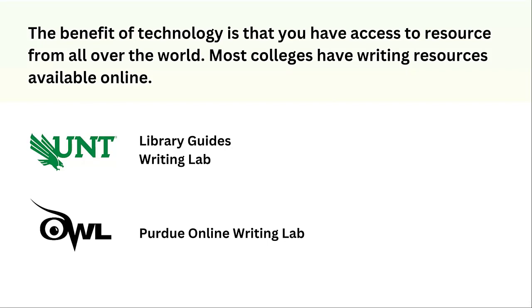If you go to the UNT library website and check out the LibGuides, there is one about citations and references that gives you more information about the different formats that your instructors might ask that your writing be in, and it will tell you how to cite them correctly, how to format them correctly, and things like that.